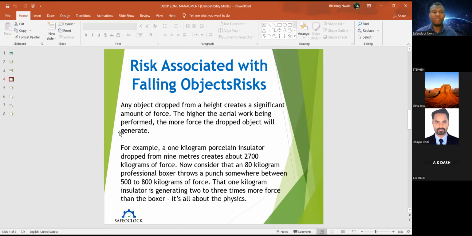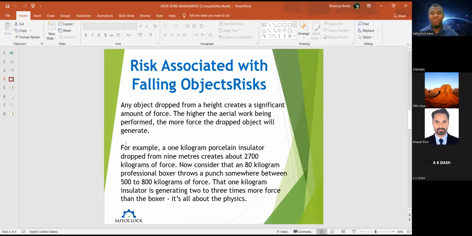Of course, we know the risk that is associated with falling objects. If objects are falling from height, then they have a greater force as they reach the ground. So, for instance, if 1 kilogram of an insulator falls from a height of about 9 meters, it gathers 2,700 kilograms of force.